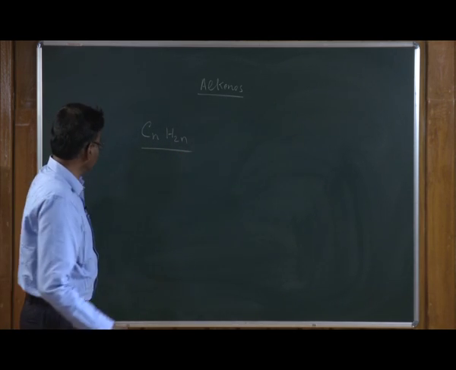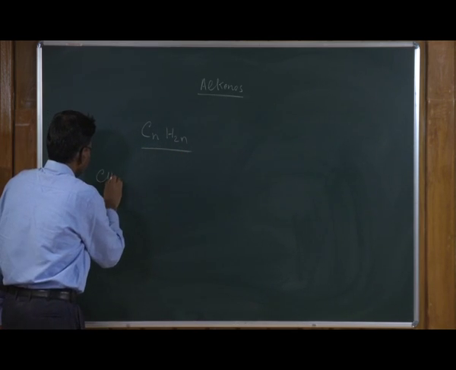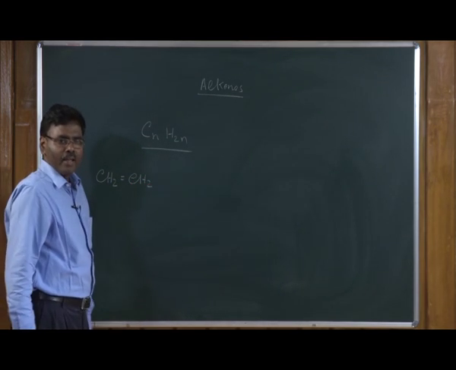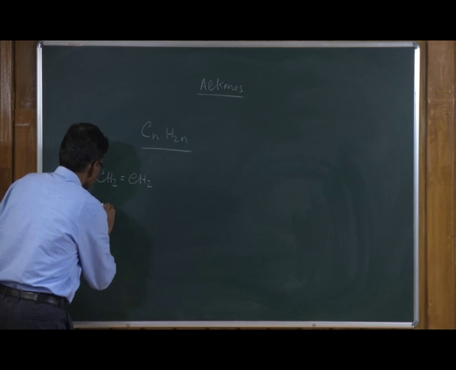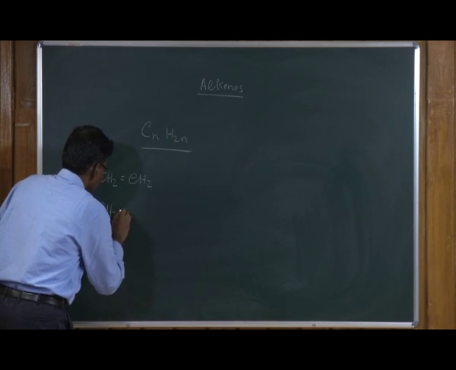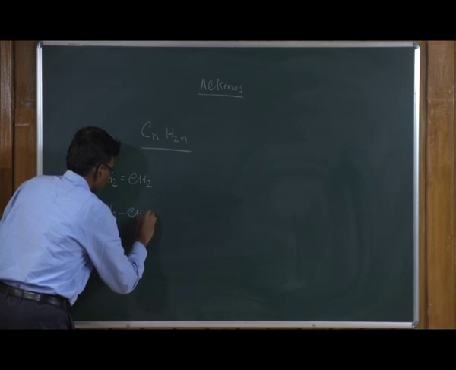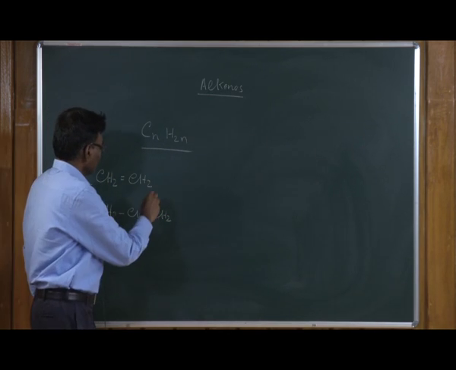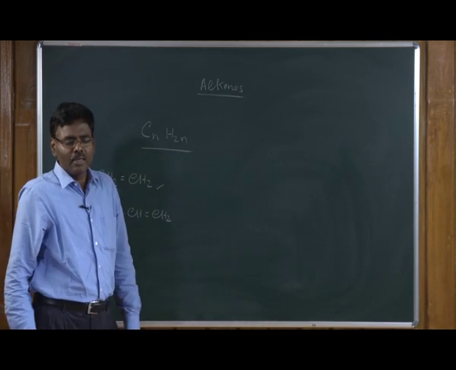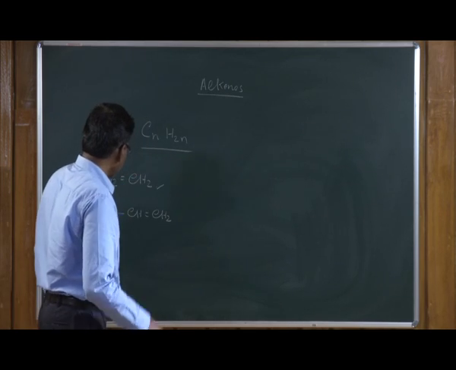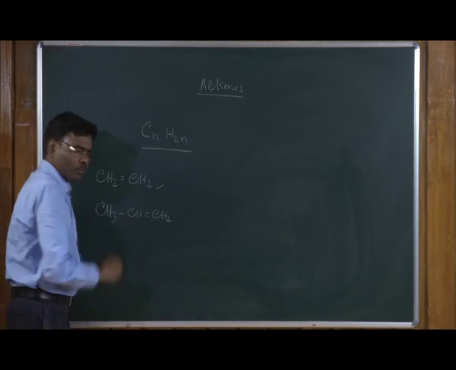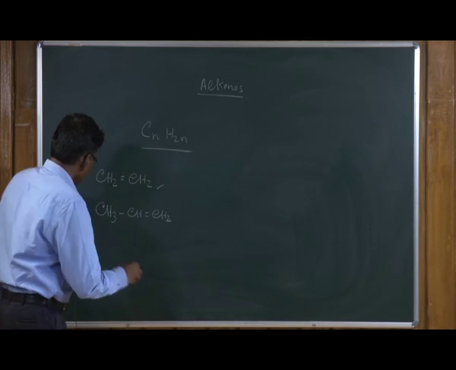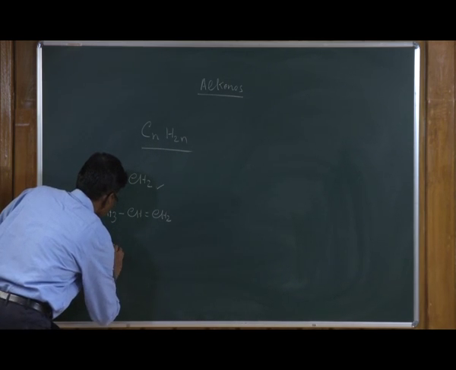So, examples: ethene, propene. This is the smallest member of this series, and you can go on like this. This compound with the 2 carbon atoms, this alkene with 3 carbon atoms, and you can go for the next one, butene.